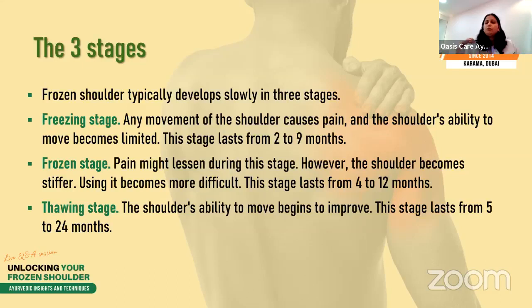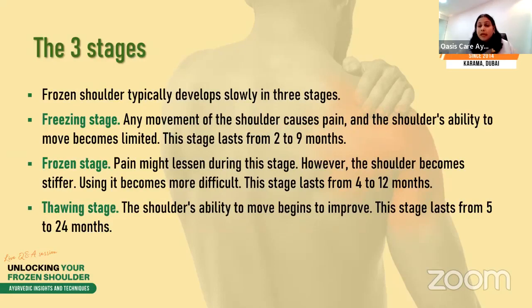The range of motion of the hand becomes restricted in the second stage. As the first stage is very painful, in the second stage the pain is less, but the restriction of hand movement is more. So it is called the frozen stage. It is very difficult, and this stage lasts from 4 months to 9 months. And the third stage is the thawing stage.